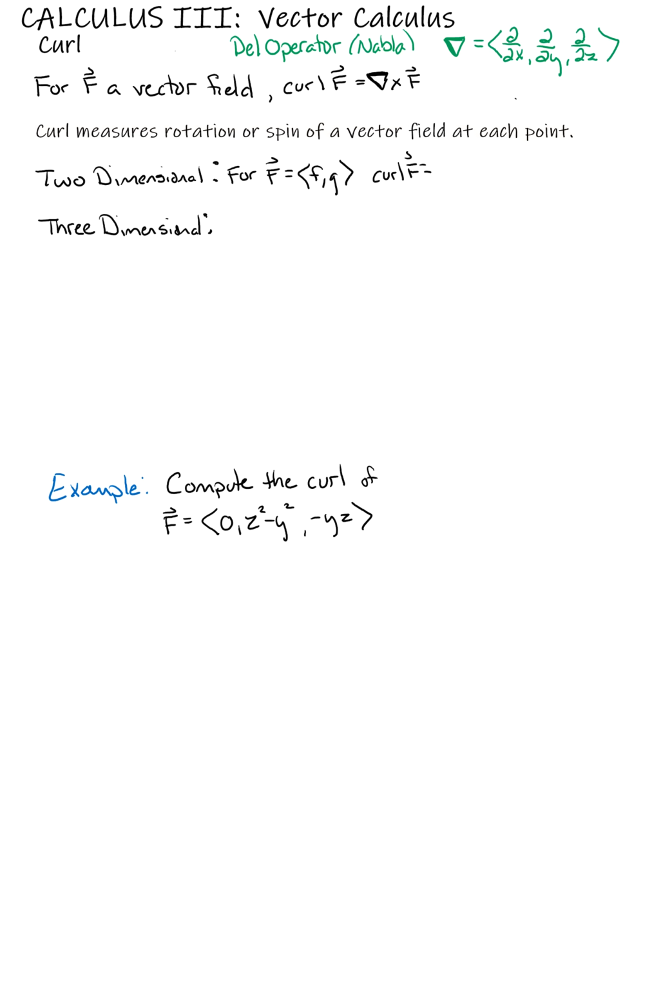So that would look something like the partial with respect to x, the partial with respect to y. We're only in two dimensions here. And then f and g. We're going to take the determinant of that matrix. Well, what does that look like? Remember, that is the partial with respect to x of g minus the partial with respect to y of f.